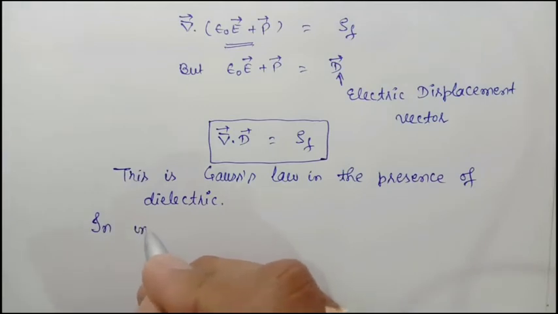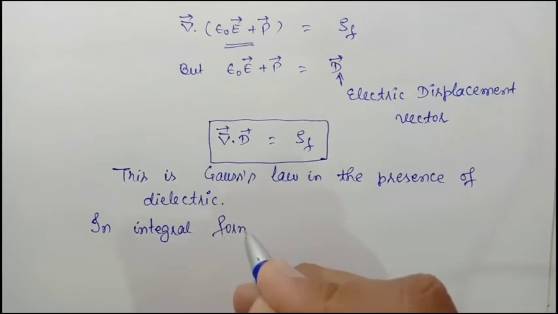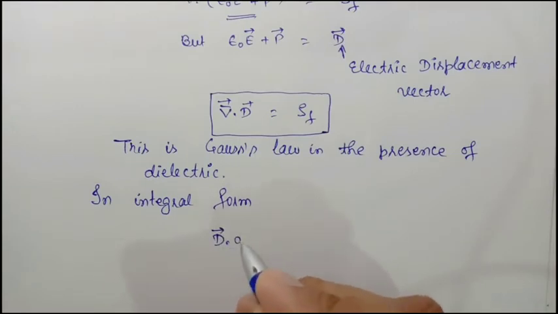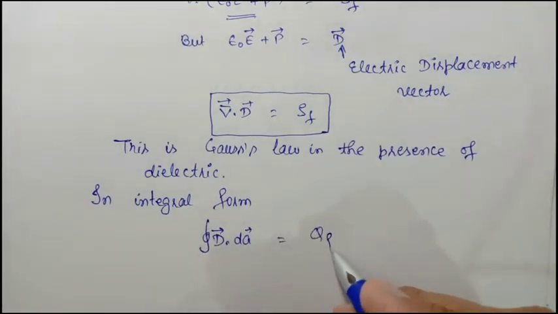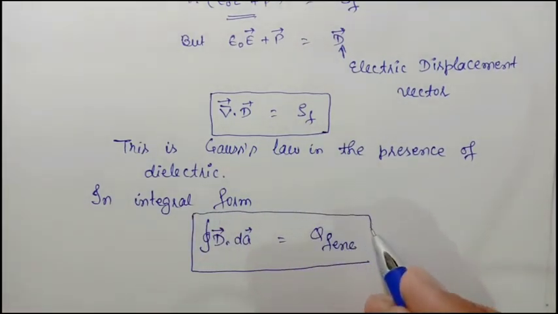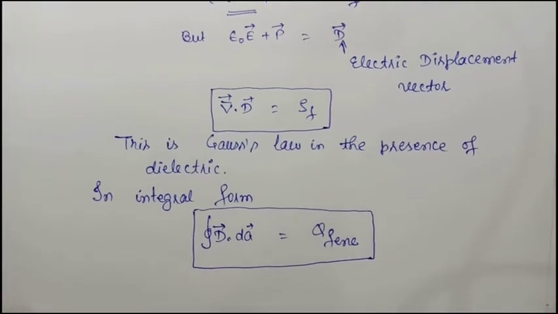So in integral form we can write closed integral of D dot dA is equals to Q F enclosed. That is, surface integral of electric displacement vector is equals to the free charge enclosed in the volume.